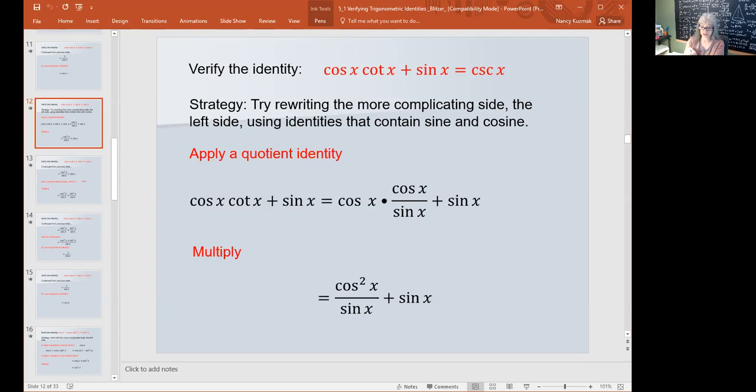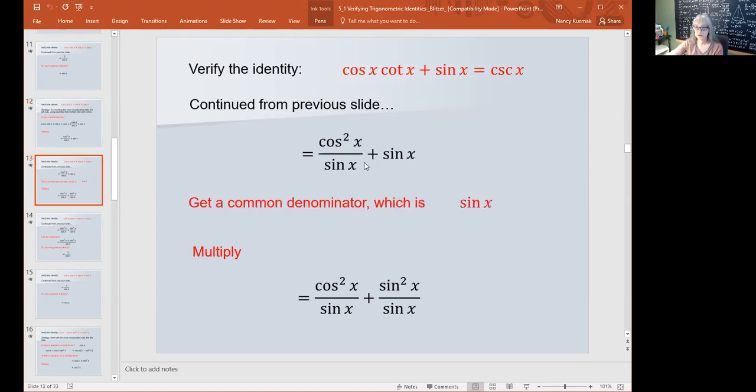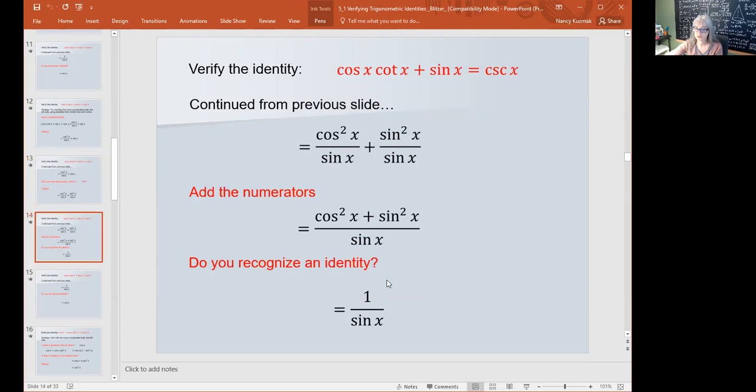That's exactly like what we did in the other one. So that ends up being cosine squared x plus sine squared x. And look at that. That's a Pythagorean identity. So very, very similar to the last one. I'm able to reduce that numerator to a 1 over sine x. And what is 1 over sine x?